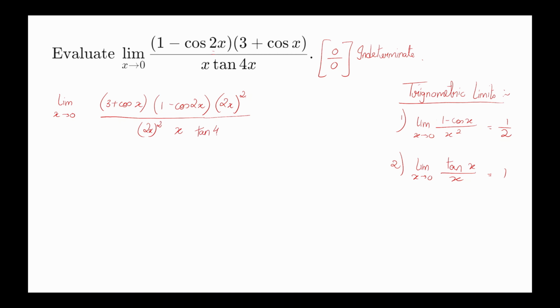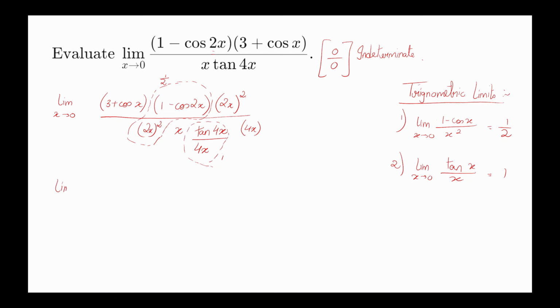And then we have tan of 4x. To remove this tan of 4x, I'll multiply and divide by 4x. Now since we have limit x tending to 0, this term is nothing but half, and tan of 4x upon 4x is nothing but 1.